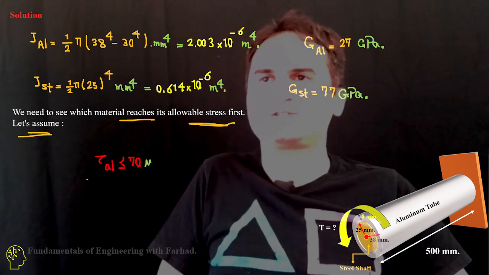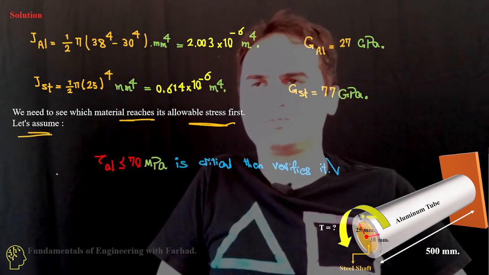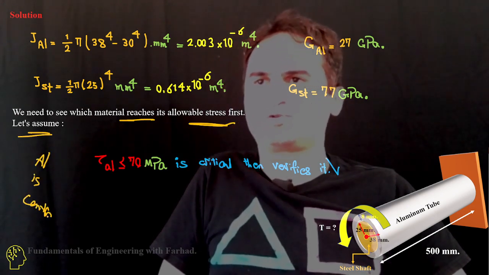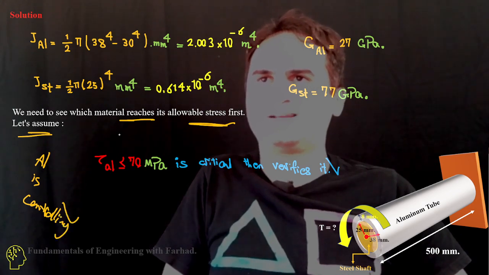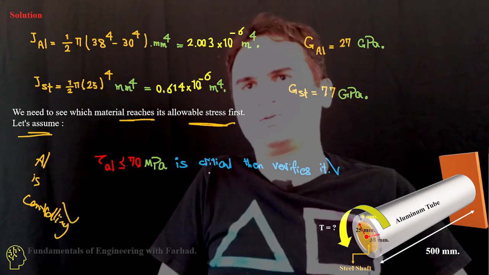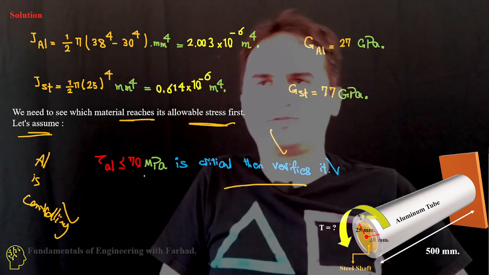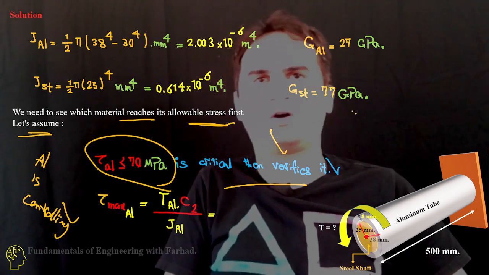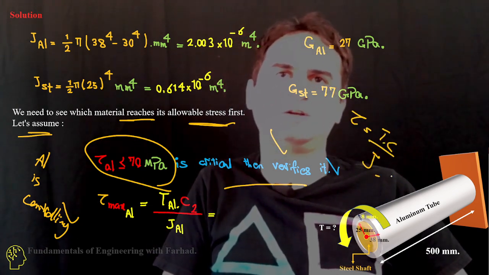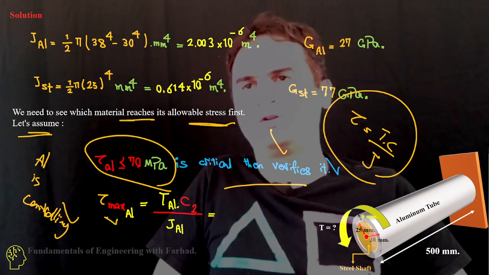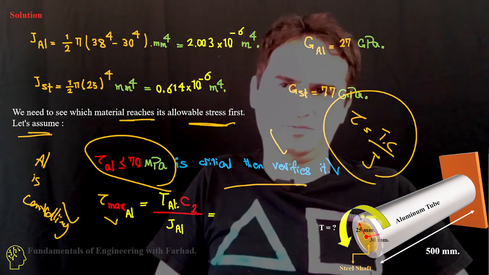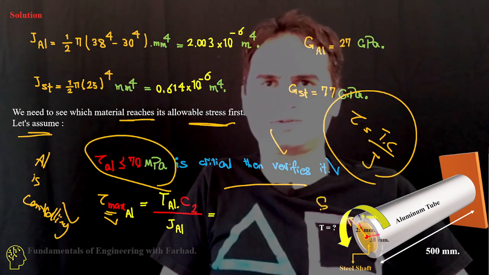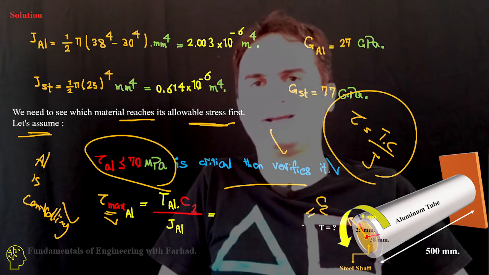Let's assume the controlling part is the aluminum tube, so aluminum is the critical material, and then we need to verify it. In that case, tau is equal to Tc over J, so tau maximum is T of aluminum times C2, because the maximum occurs at the outer layer. That's C2 because C2 is greater than C1.